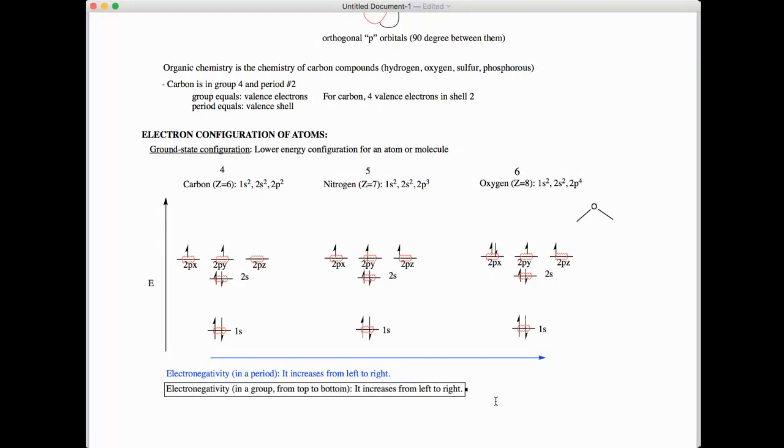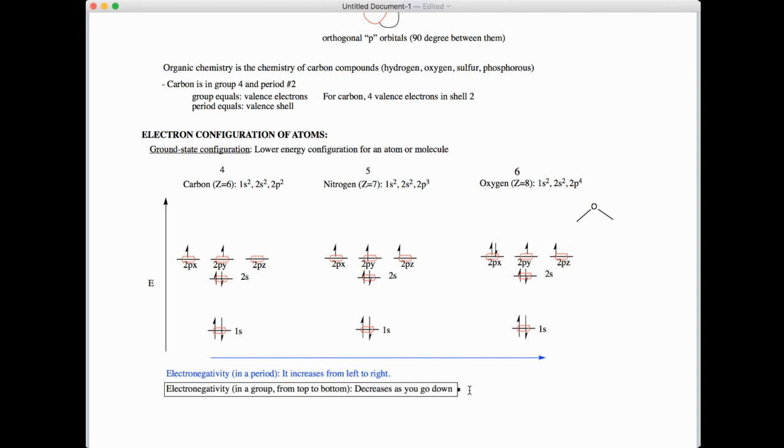So in a group from top to bottom, what happens to electronegativity? So it decreases as you go down, correct? Okay. Why is that? Well, you have the same number of valence electrons, but the higher up you are, the smaller the valence shell, or closer to the nucleus. Exactly. So you go from top to bottom in the same group.